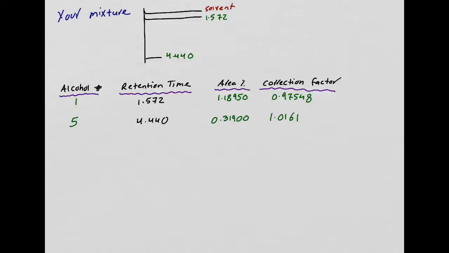Now what you're going to do, you're going to take the area percent and multiply it by the correction factor. Now, when you do that, let's say what we get.